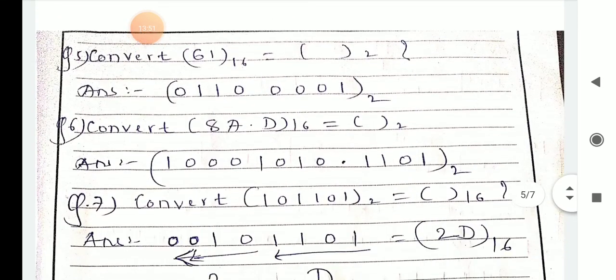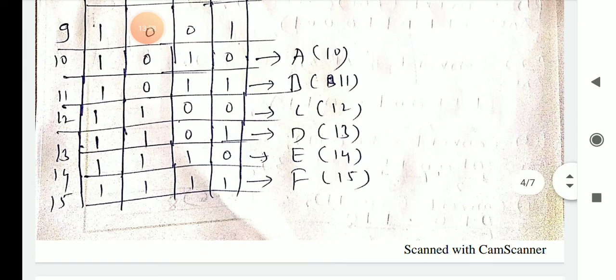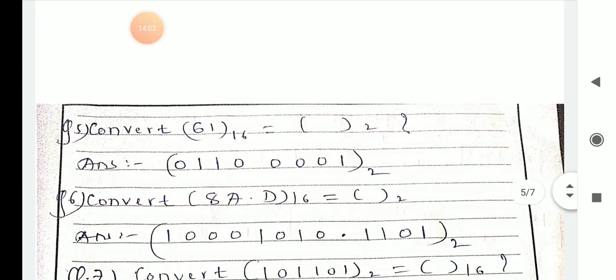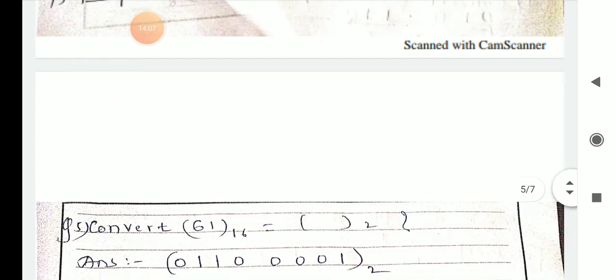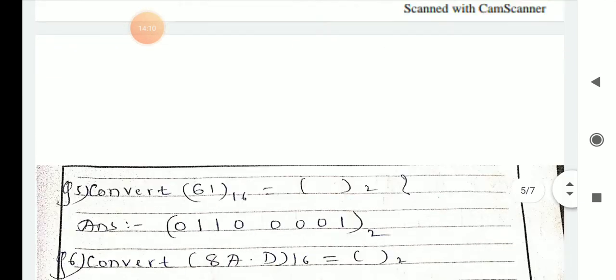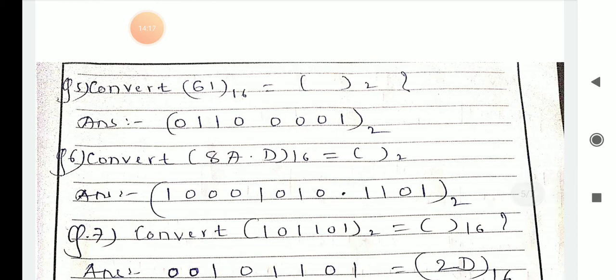D is 13, 1101, sorry. So 1101 is the 13. Where is the A? So A is 1010. Dot as it is, you can keep that one. D is 1101. So this is the conversion of 8A.D hexadecimal into binary.